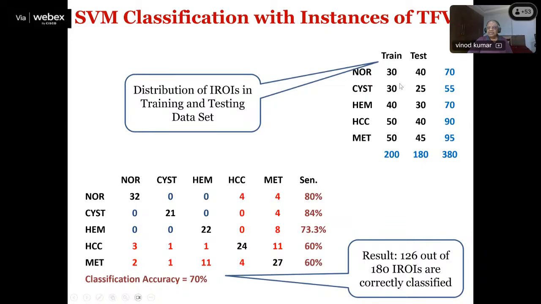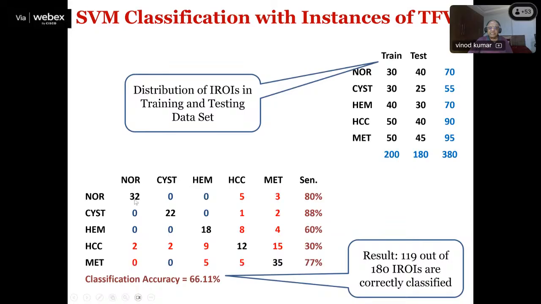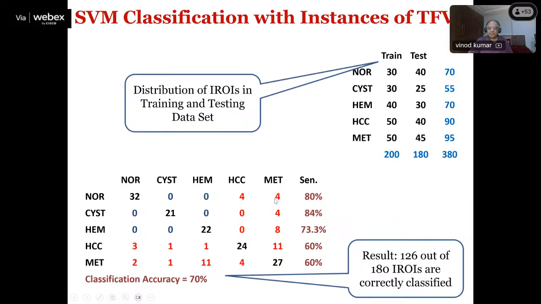You will find the same data set, and this is almost the same. Only one case was different, 32 normal in this case. Here SCC 5, metastasis 3. In the next study, it was 4. So you will find slightly different results, but not much.